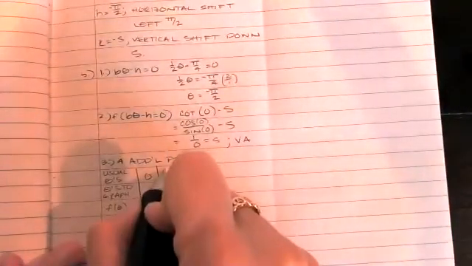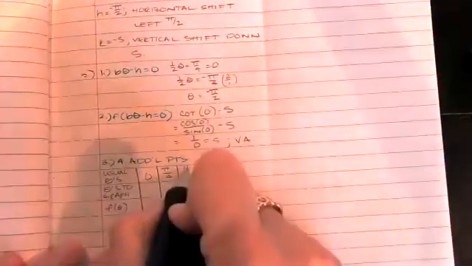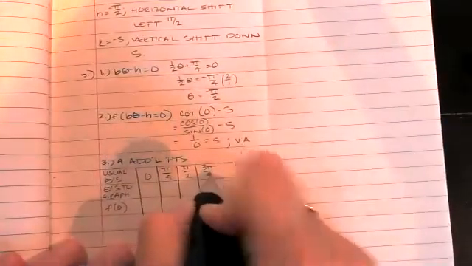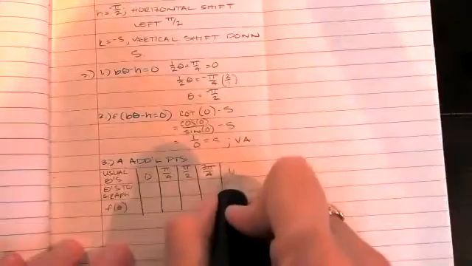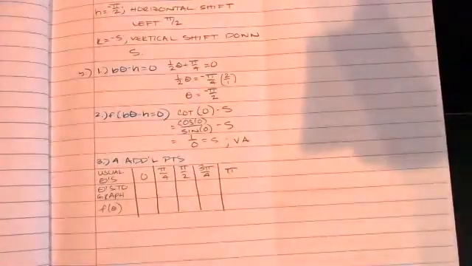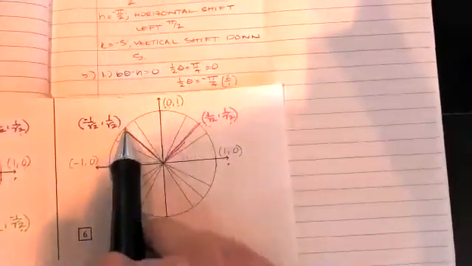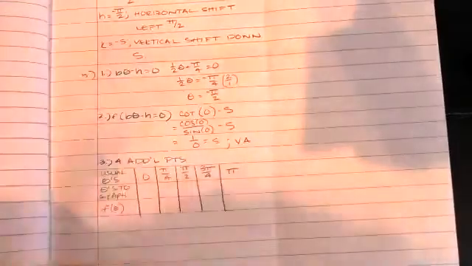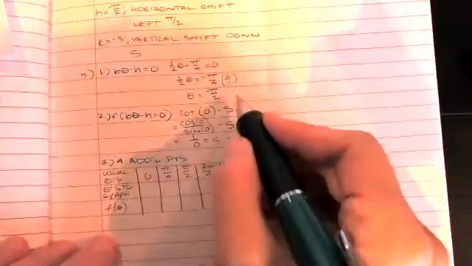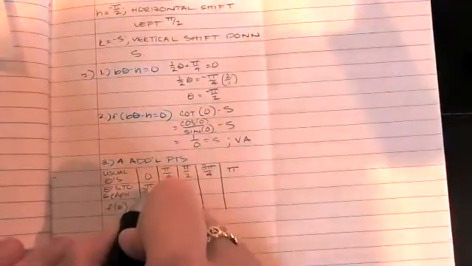So we have 0, pi over 4, pi over 2, 3 pi over 4, and then we have pi. Those are the first and second quadrant angles that we want to use. As we said, this will be negative pi over 2, and we found that to be a vertical asymptote based on our work from the first and second step.